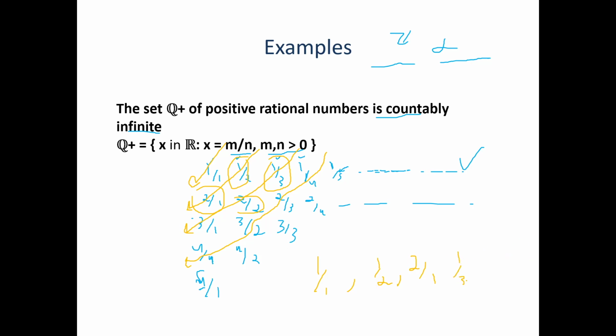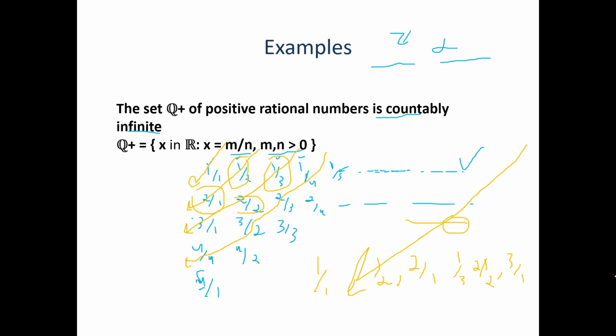So we're now able to list them in a way. We are able to list them kind of like on one line. So now whatever rational number you think of, if it's way down the road here in the third line, there's going to be some arrow that passes through it, and it gets mentioned in my list.